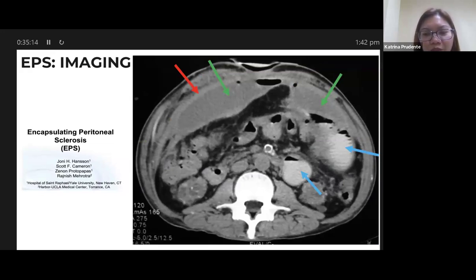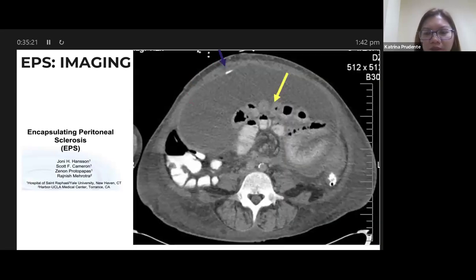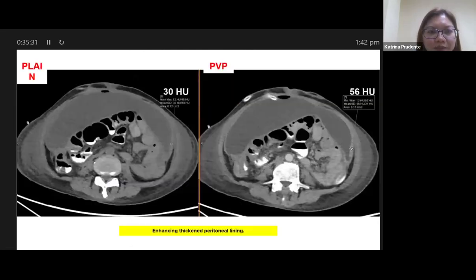The red arrows again show the peritoneal thickening, and the green arrow shows loculated fluid collections. The yellow arrow in this picture shows bowel tethering, and the blue arrow again shows peritoneal calcification. This is just showing the enhancing thickened peritoneal lining.